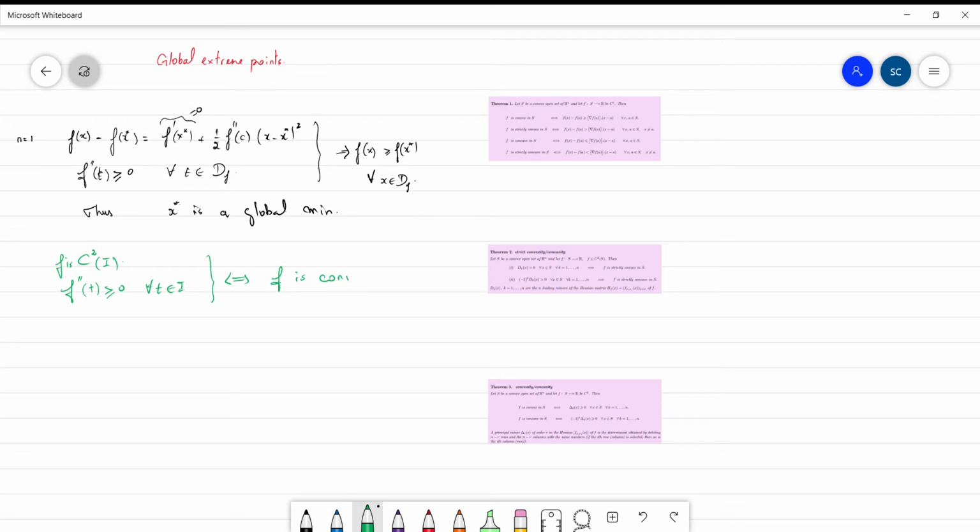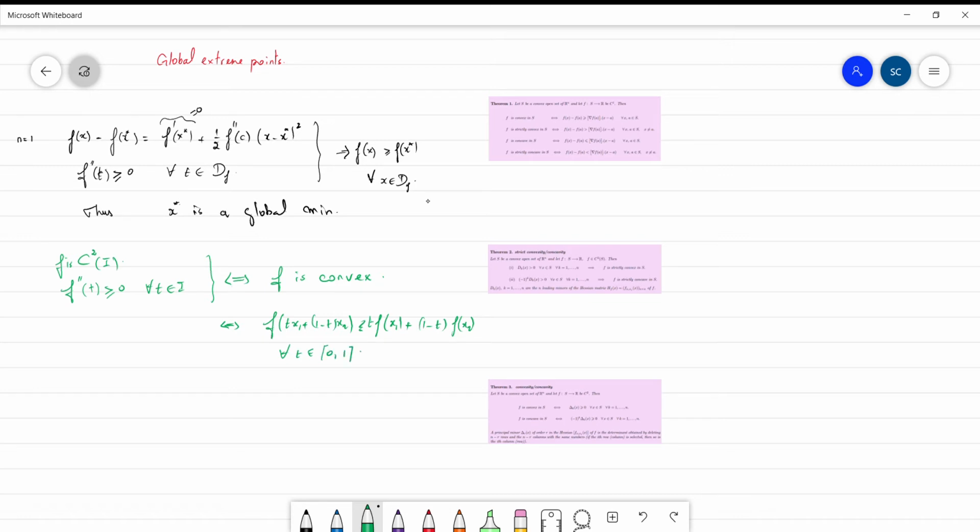F is convex. And the definition of convexity was that we had the value taken by f along the interval: f(t x1 plus (1 minus t) x2) less than t f(x1) plus (1 minus t) f(x2), for any t between 0 and 1.